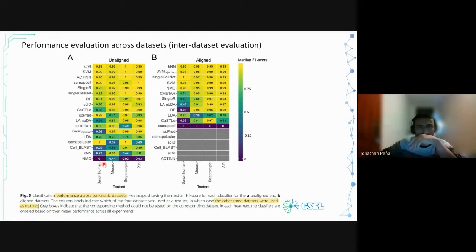Eles compararam os datasets não alinhados, ou seja, com o efeito de lote, e depois corrigido o efeito de lote, para saber se o classificador mudava sua performance. Eles observaram que quando você não corrige os efeitos de lote, os classificadores CSBL e SVM têm uma melhor performance. Mas quando você corrige o efeito de lote, os métodos que têm melhor performance são KNN e SVM rejection. Então, foi o que eles analisaram.